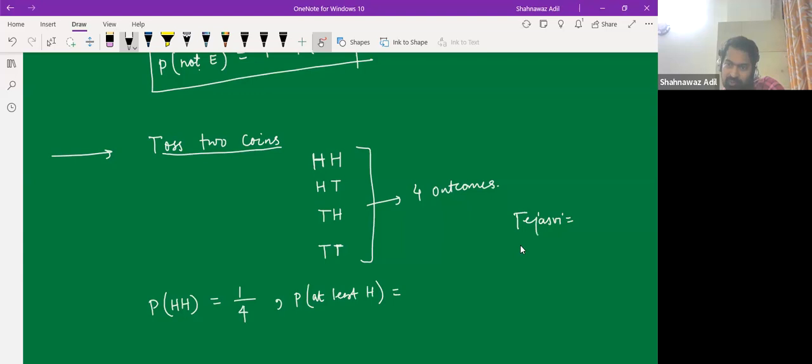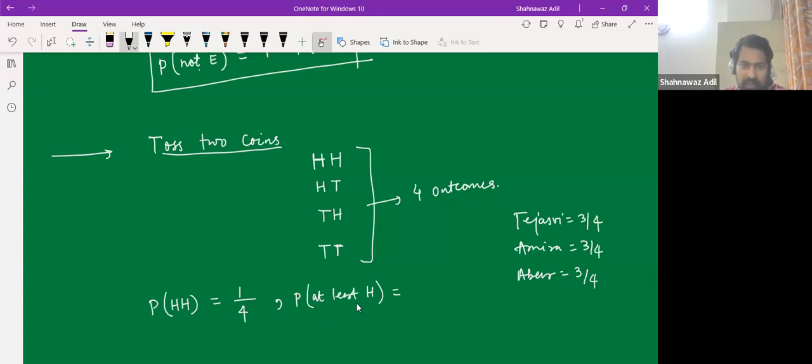Abir is saying 3 by 4. Tejasvi and Amira, what is your answer? 3 by 4. Okay, so all of you are in agreement. At least means we have to get one head, and after that we can have two heads also. So one head is this, one, two, and then we have this two heads. So 3 by 4.